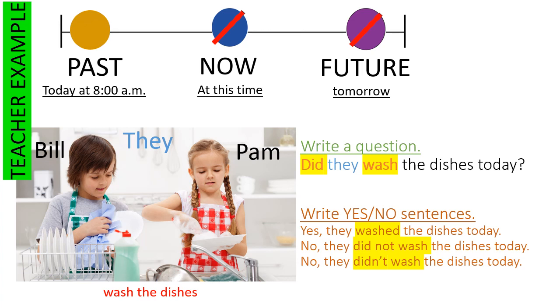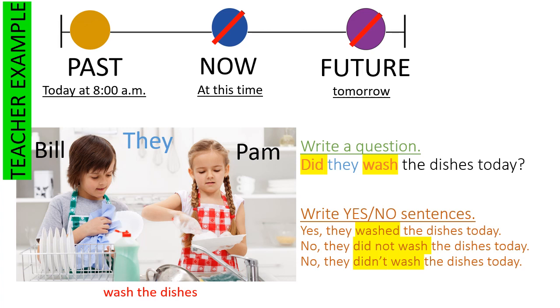Here you see a yellow dot that represents the past. So today at 8 a.m. in the morning, that's the past because now it's already the afternoon. Now is at this time and the future could be tomorrow.